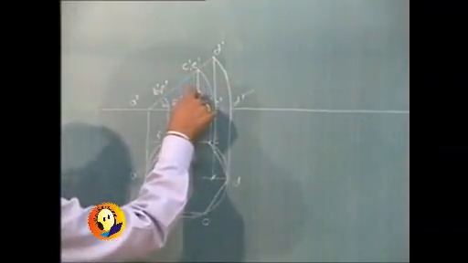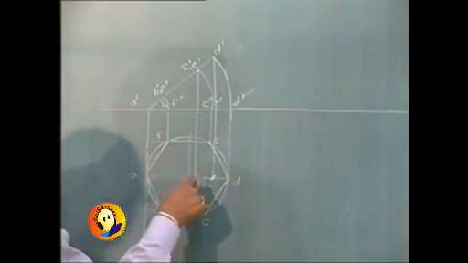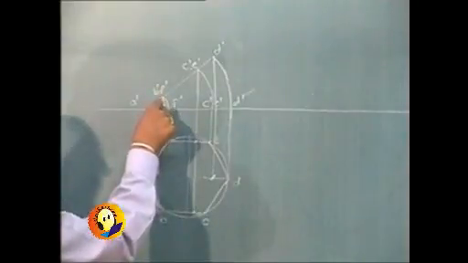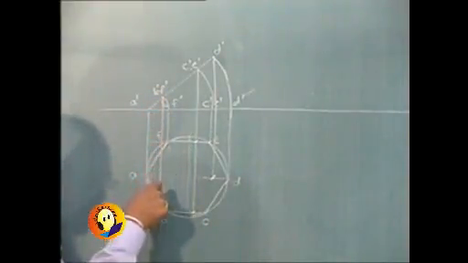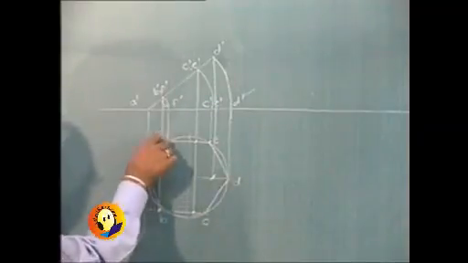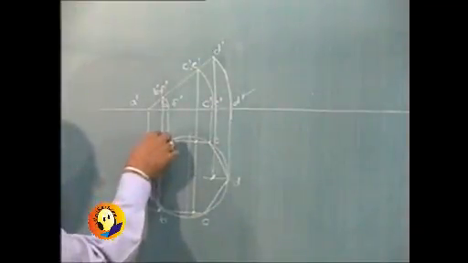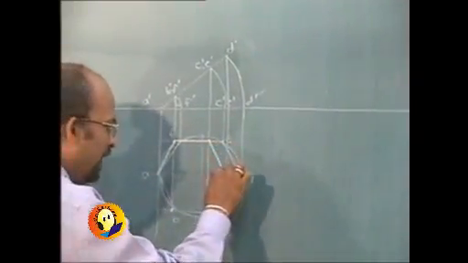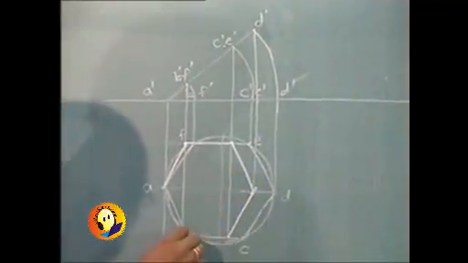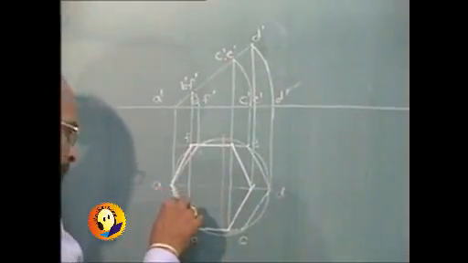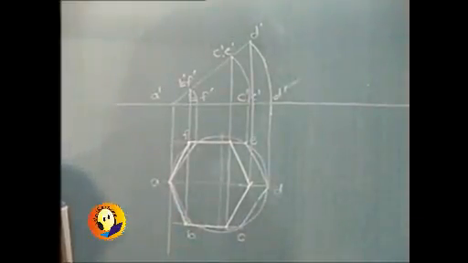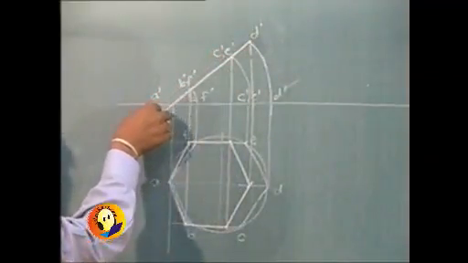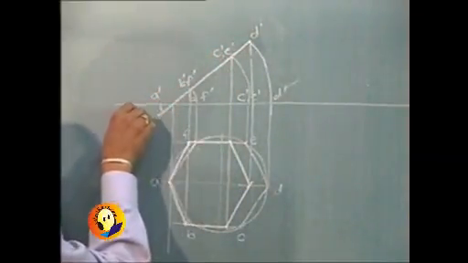Points C and E will regain the new position at these two points, whereas points B and F will take the new positions over here, and ultimately the new shape of the hexagonal plate in the top view will again be a hexagon, but not a regular one. So this will be the final front view after the first rotation is performed.